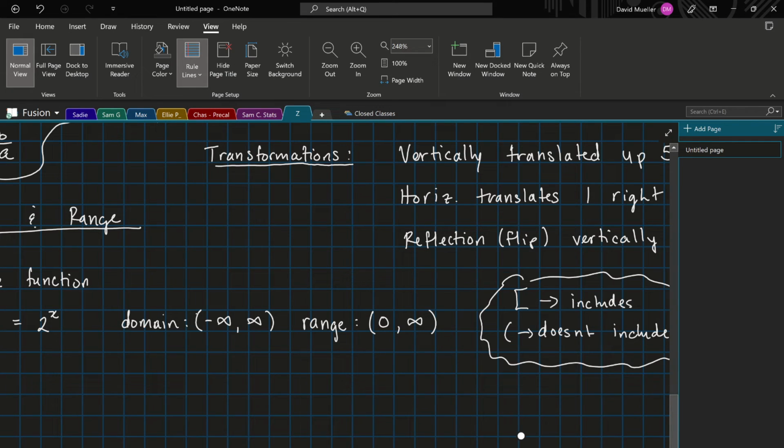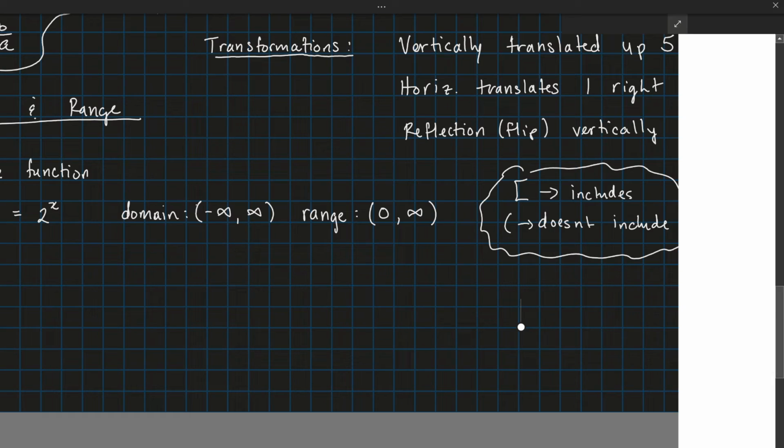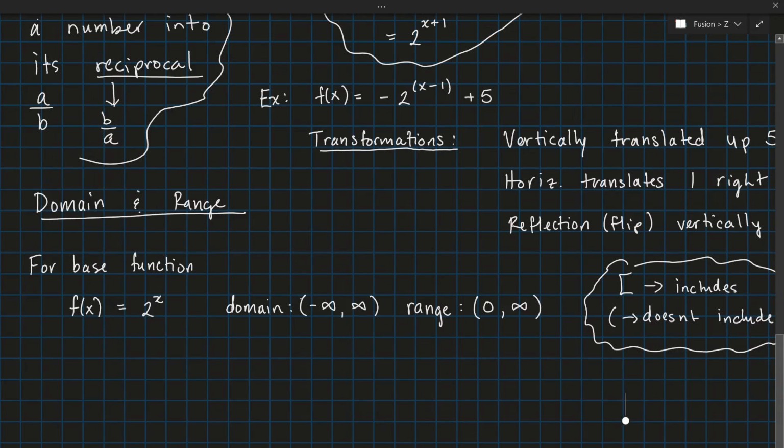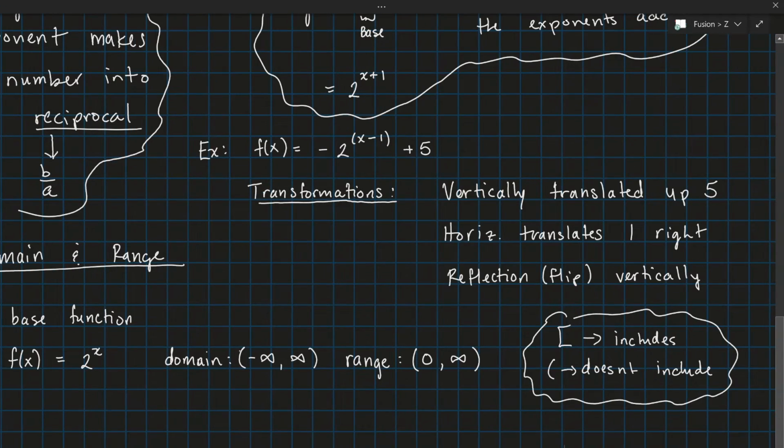Okay. Now, of course, the transformations will change the way the domain and the range work. So, for example, our problem here, we shifted it to the right and up, but the domain already included everything.